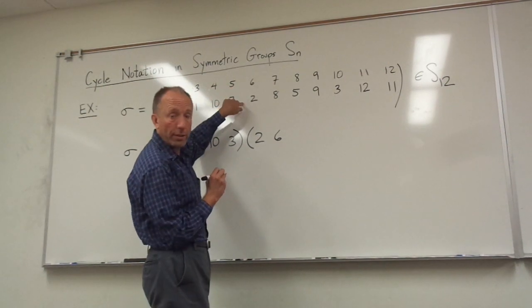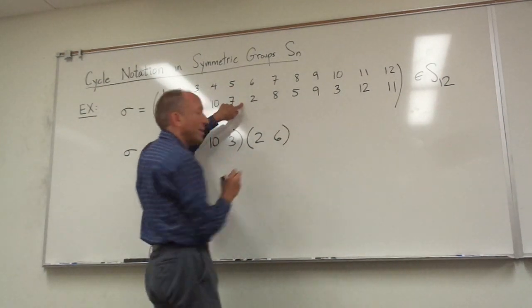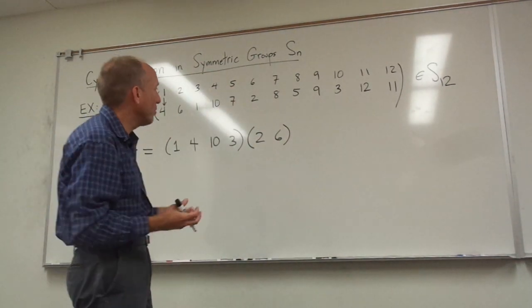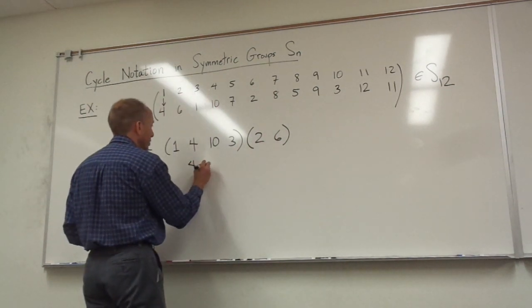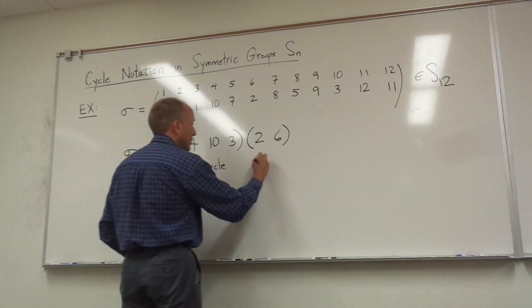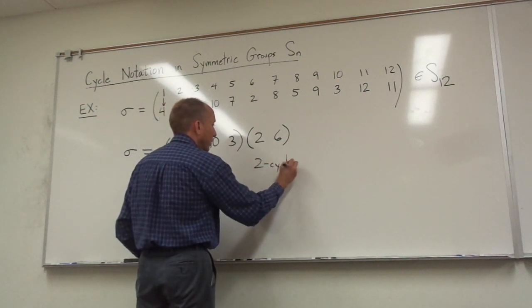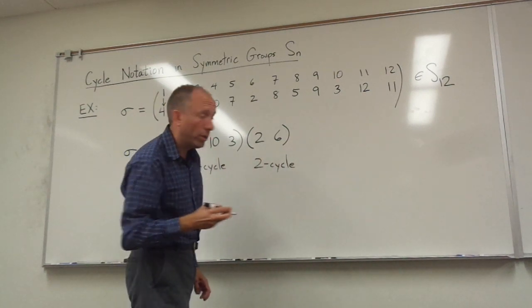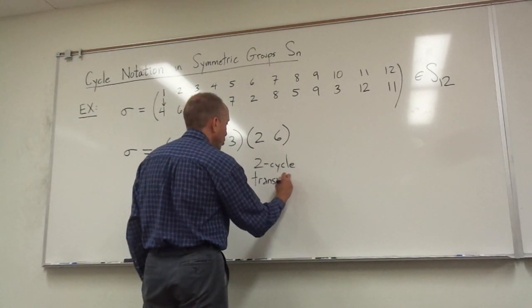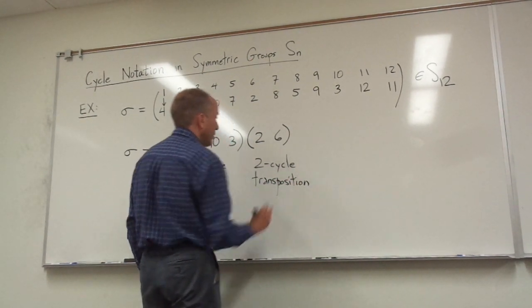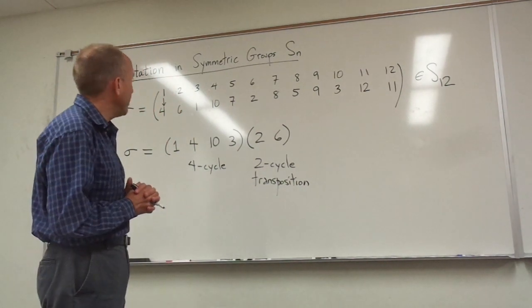When I look at what 6 does, it goes right back to 2 again. So that cycle is already closed. By the way, this first cycle is called a 4 cycle. The second cycle, a cycle of length 2, could be called a 2 cycle. It's also called, a lot of times, a transposition. A 2 cycle or a transposition.